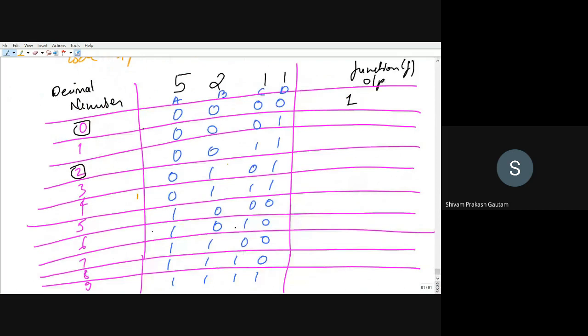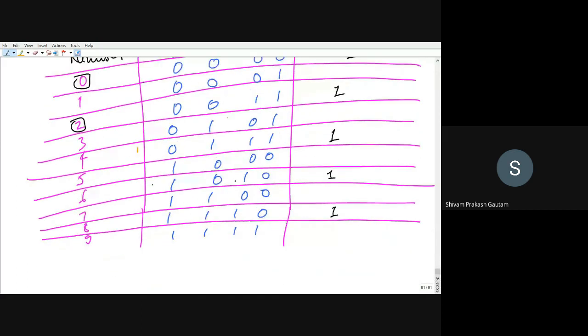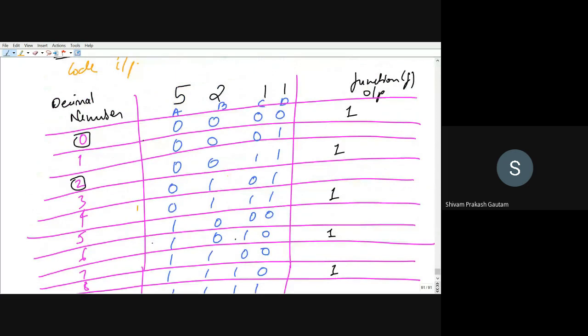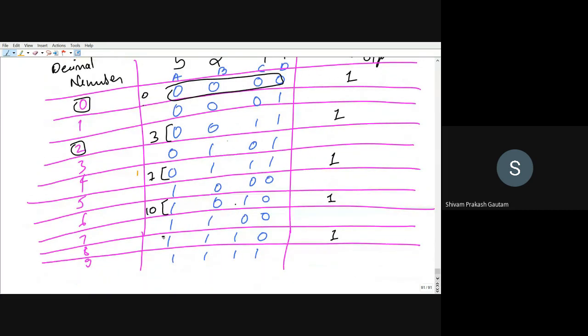Rest all the terms are 0. Corresponding to these, these will be the minterms. This minterm will be represented by 0, this by 3, this by 7, this is the minterm for 10, and this is the minterm for 15. Are you getting what I have done?